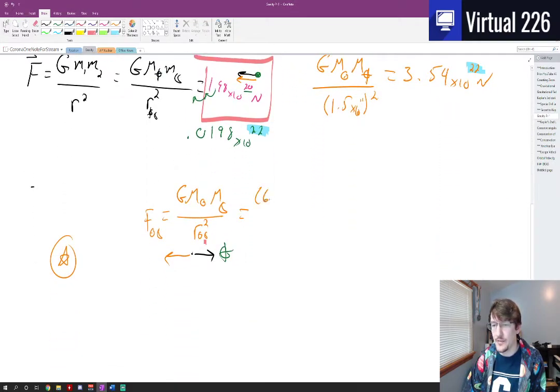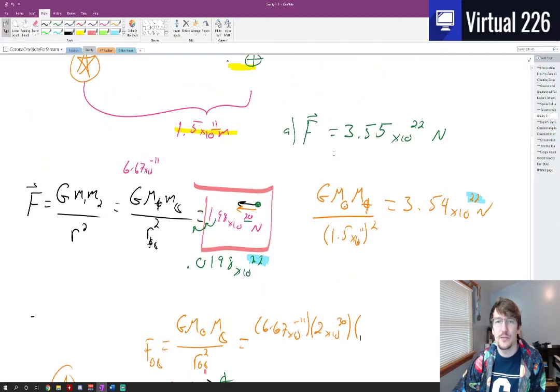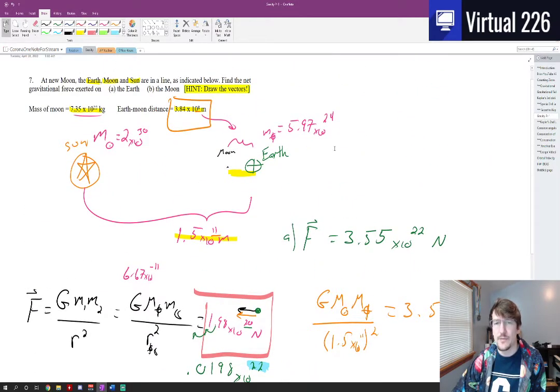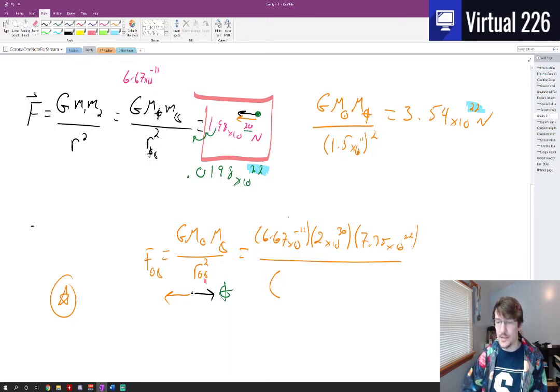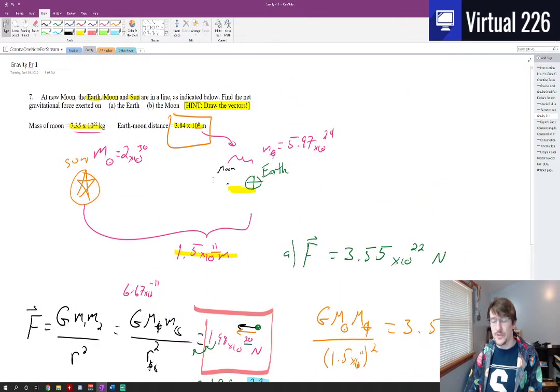So we're going to have 6.67 times 10 to the negative 11th, mass of the sun, 2 times 10 to the 30th, mass of the moon, which is given above, 7.35 times 10 to the 22nd. Whoops, that's a 5. Times 10 to the 22nd, and then divided by the quantity 1.5 times 10 to the 11th minus 3.84 times 10 to the 8th.